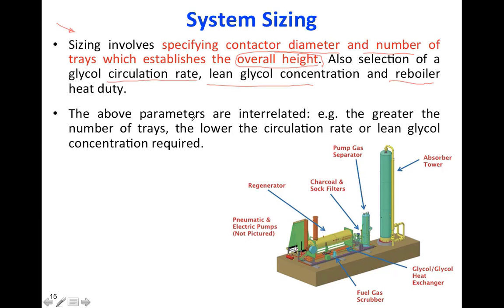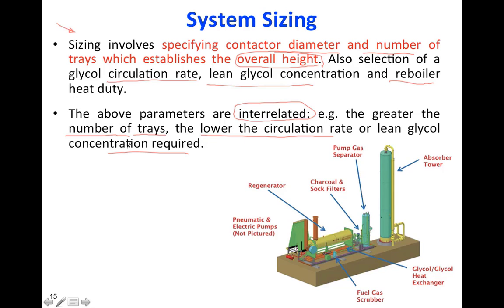And they are also interrelated, all right? As I said, if you have more trays, more trays means more separation. It means we need less circulation rate for our glycol, or less lean glycol concentration needed.